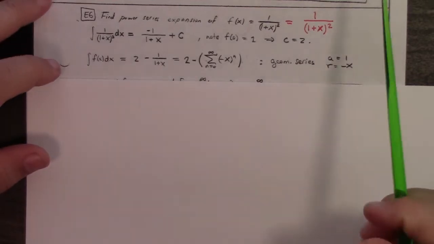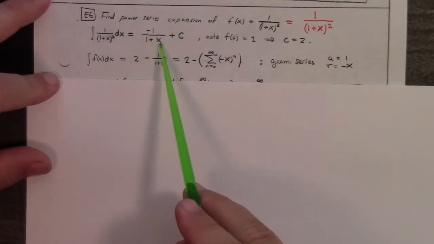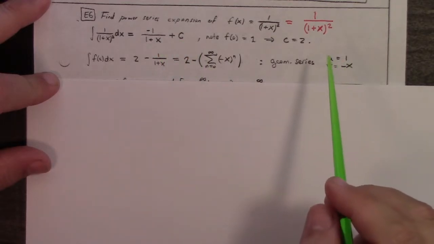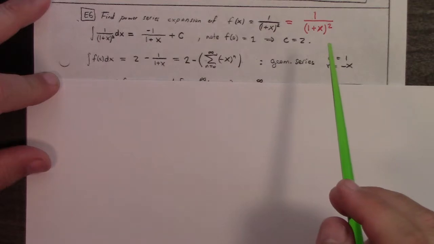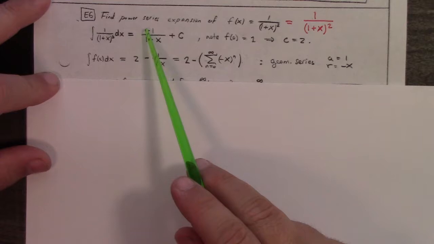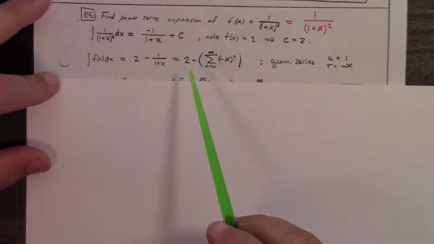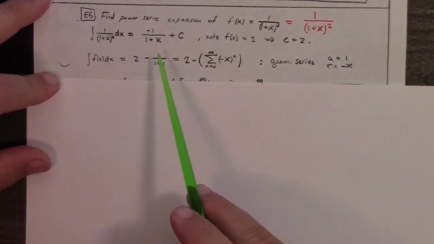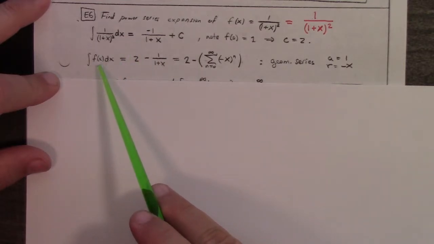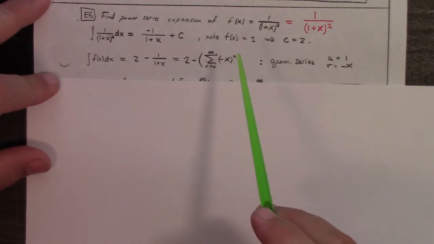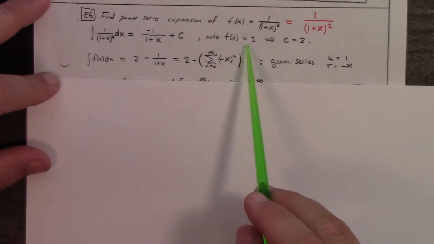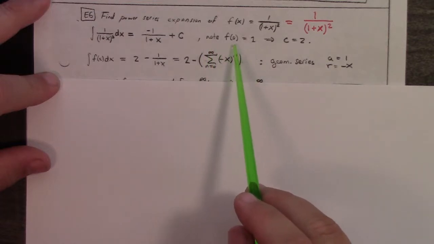In the sense that if we integrate this, we get minus 1 over 1 plus x plus a constant. So great, that we can do geometric series for, right? So the integral of f of x dx is equal to... I'm not sure what I'm doing here.